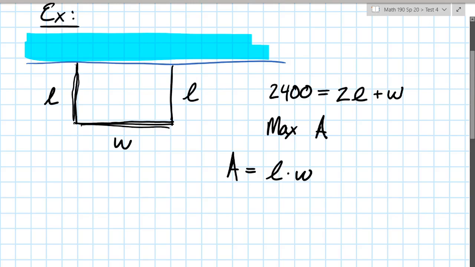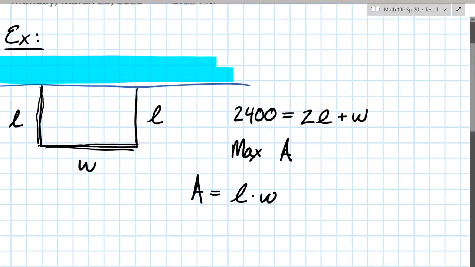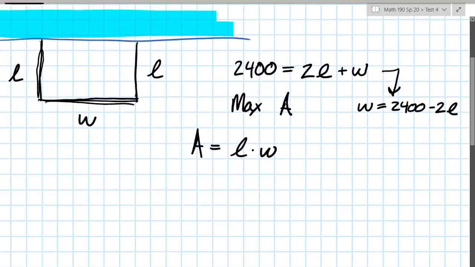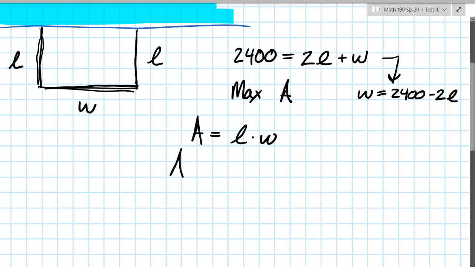What we need to do is write A in terms of just 1 variable so that we can take a derivative and find a critical value and do a number line to find the maximum. That's where our constraint or secondary equation comes in. We can rearrange it to be W equals 2,400 minus 2L, and then substitute back into our area equation.